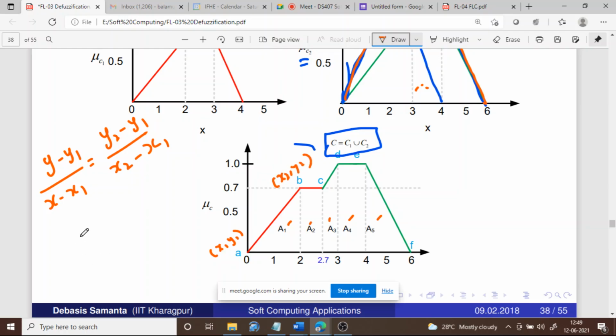Could someone say what is x1 y1? What's the value of x1 and y1?